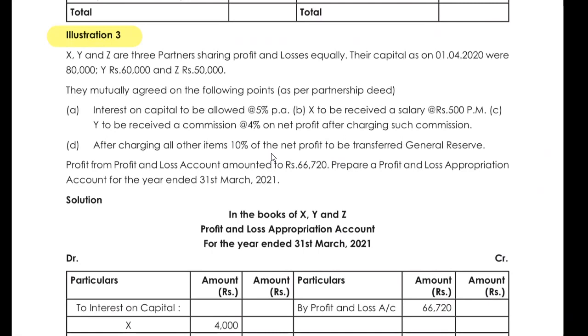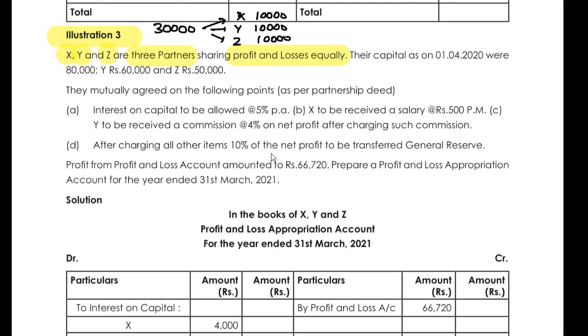Okay. Till the time I am reading my question: X, Y, and Z are 3 partners, and they are sharing the profit and losses equally. So let's say if they have a profit of 30,000 rupees, X will get 10,000, Y will get 10,000, and Z will get the balance 10,000.